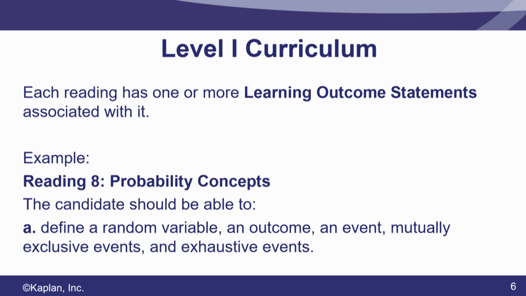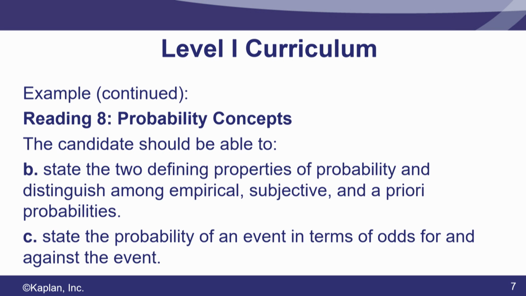So this is the start of our reading on probability concepts. Now let's take a look at B. State the 2 defining properties of probability and distinguish amongst empirical, subjective, and a priori probabilities. And one further example, LOS-C, state the probability of an event in terms of odds for and odds against the event.